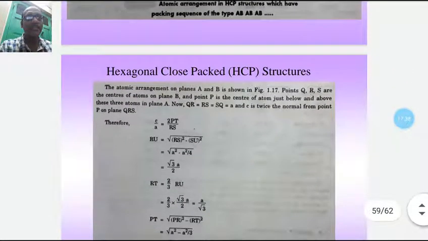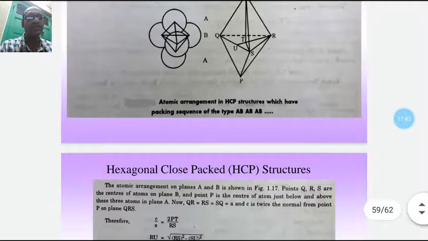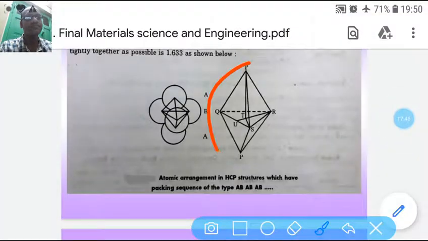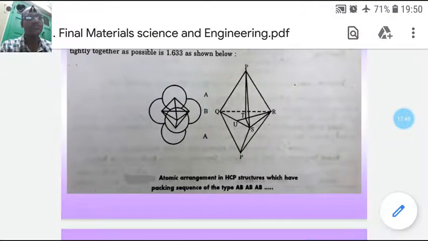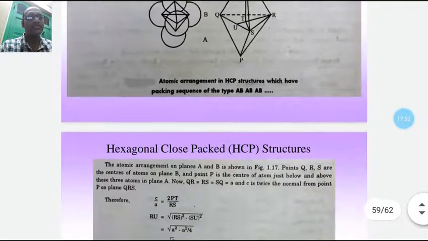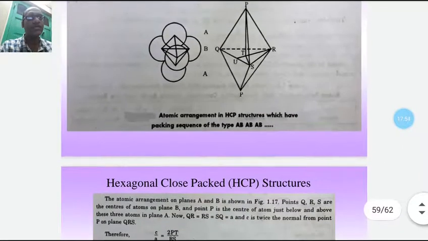So the atomic arrangement on plane A and B is shown in this figure. Point QRS is at the center of atom of plane B.